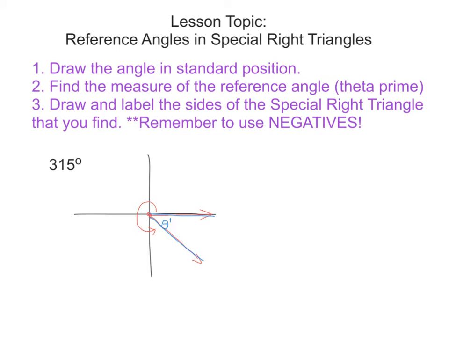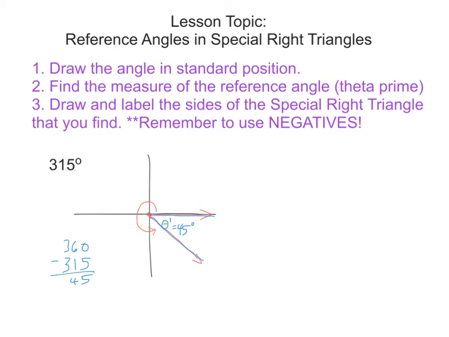And so therefore, in order to get from 315 to 360, we know that is a difference between 360 and 315. So 360 minus 315 is 45. So we have found that theta prime is 45 degrees.